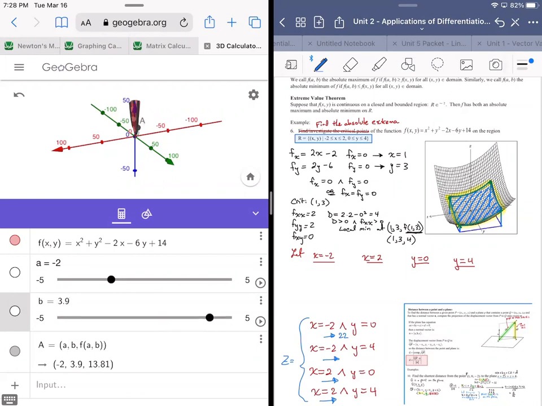I guess I could try to type it in, but it won't even let me do that. 14. That's even entertaining.